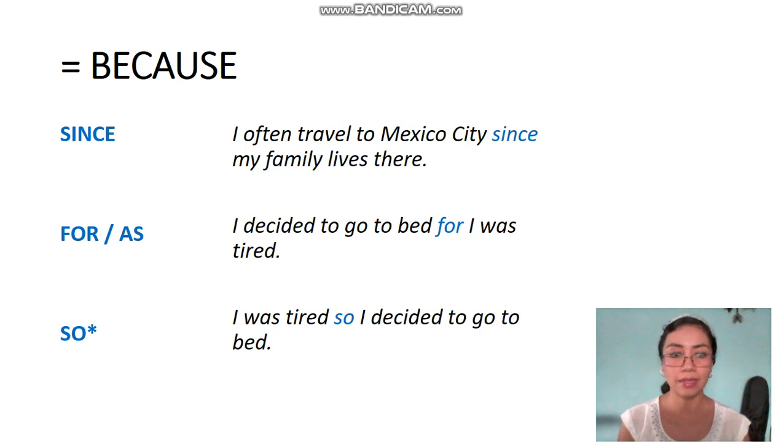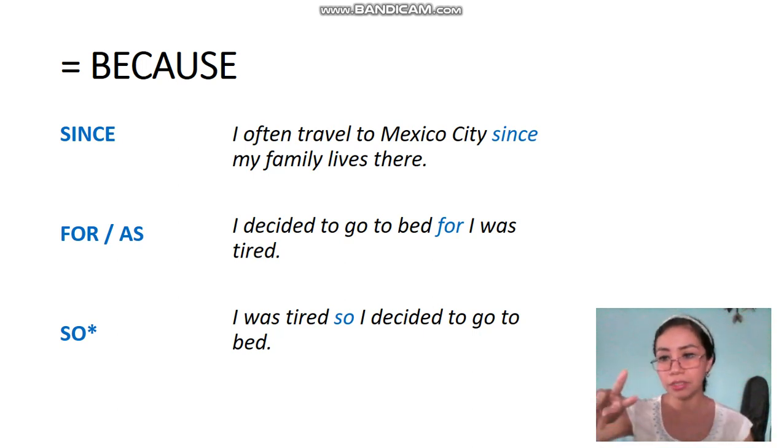The same with as. It has the same structure, but it has a little asterisk because the meaning is the opposite. Instead of saying first the result and then the cause, we say first the cause. What happened? I was tired. And what was the result? So I decided to go to bed.